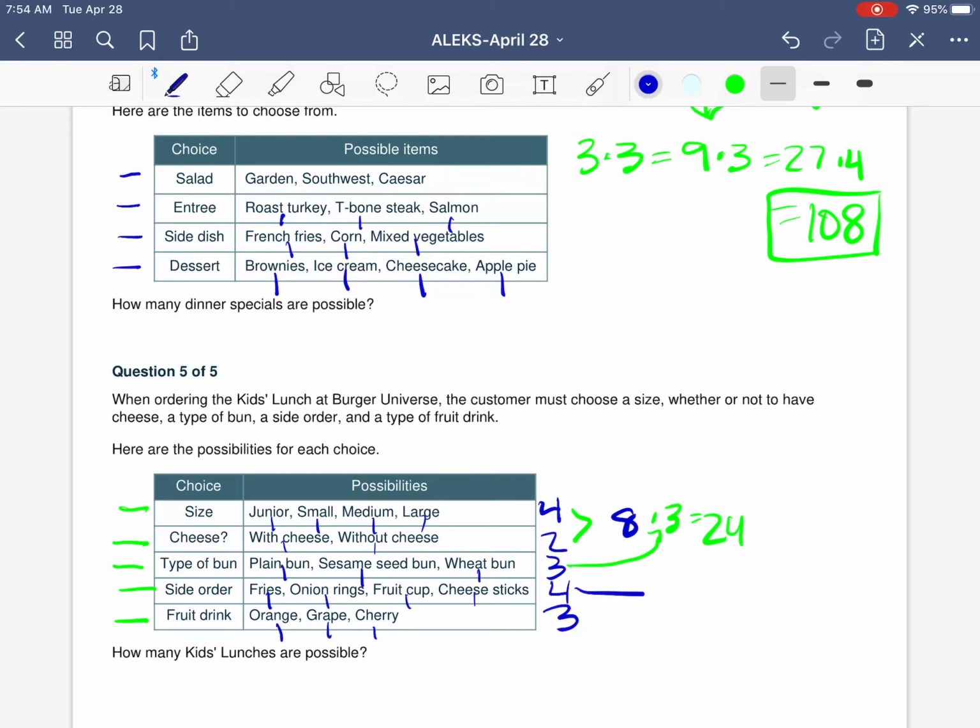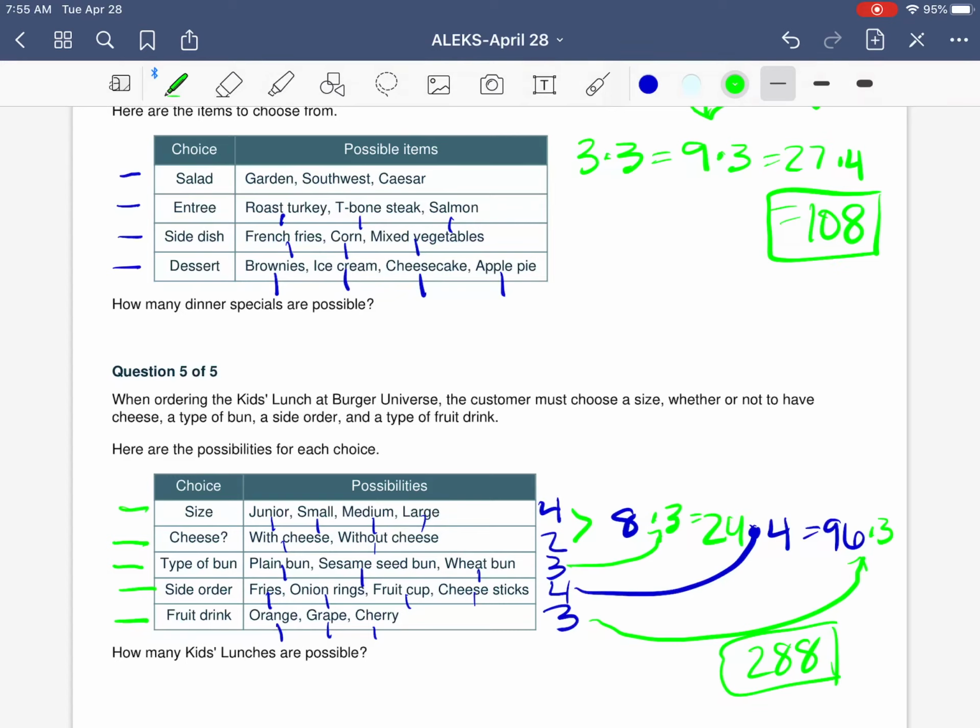Then I'm going to multiply the 24 by this 4, which is 96. And then I'm just going to multiply the 96 by 3, which is 288. So there are 288 different combinations.